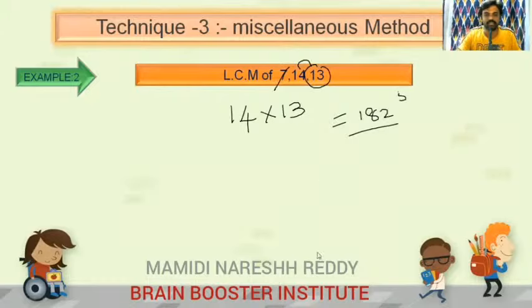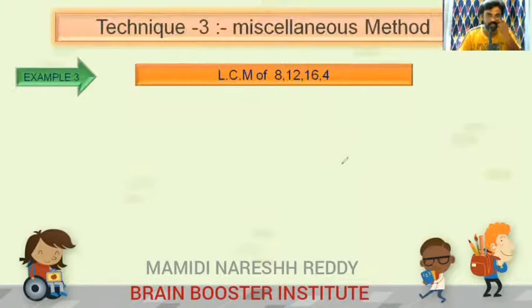In example 3, we need to find the LCM of 8, 12, 16, and 4. In the same process, first we find the biggest number, which is 16, and compare all the other numbers with 16 to see whether they are factors. 8 is a factor, so I cut it. 12 is not a factor, so I keep it. 4 is a factor, so I cut it down. The remaining number is only 12.